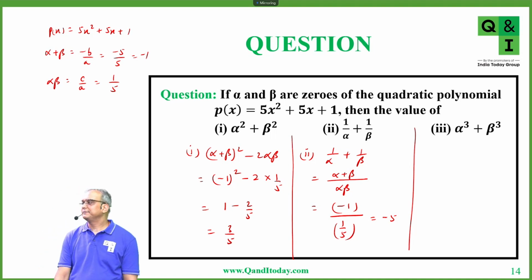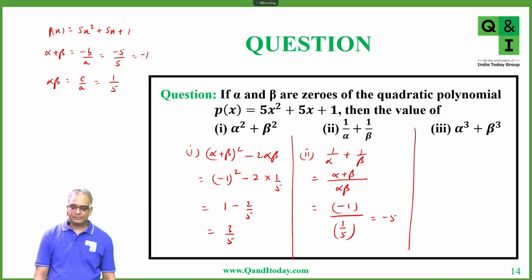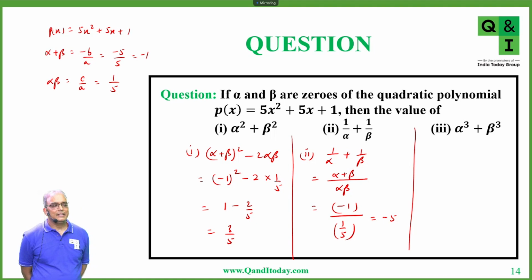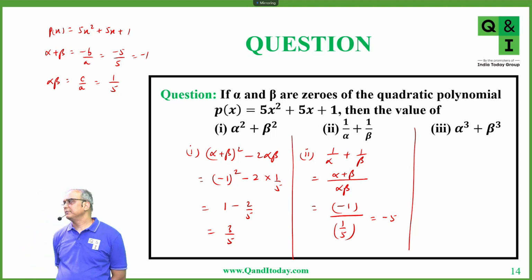Third part, use the identity alpha plus beta whole cube.